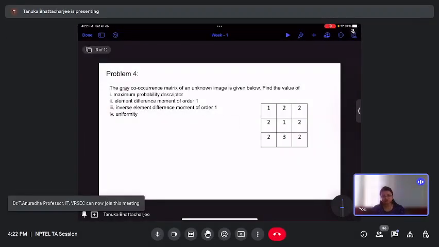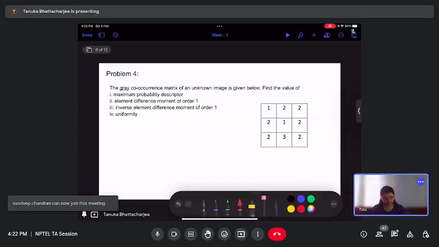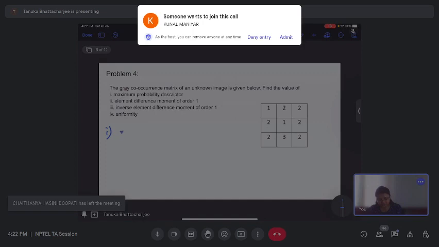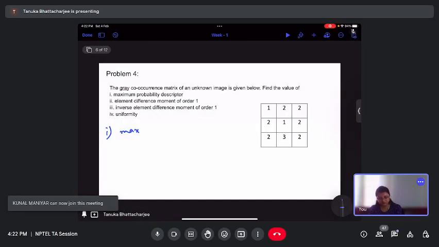For the maximum probability descriptor, what we do is max over ij of Cij, where Cij is the ith row, jth column element of this matrix in a normalized form.